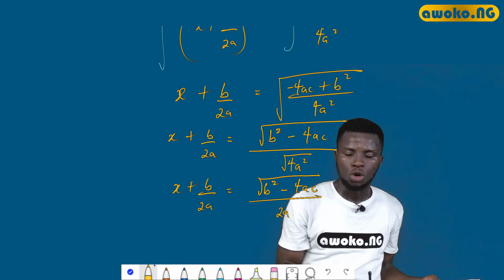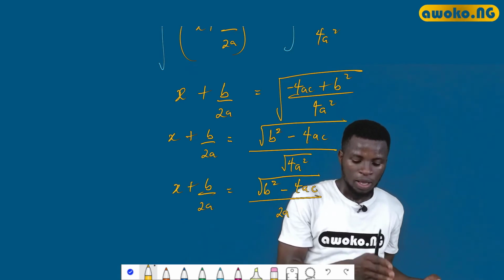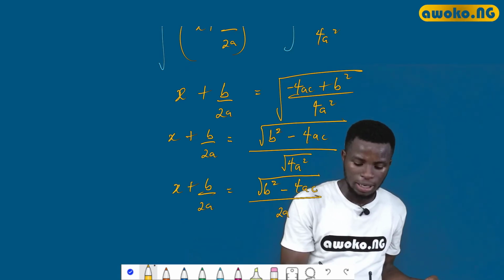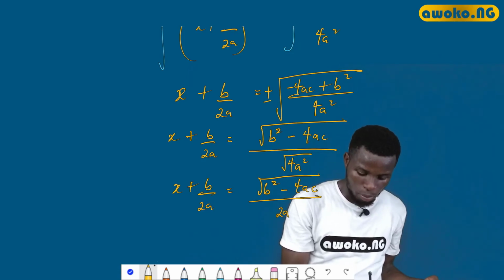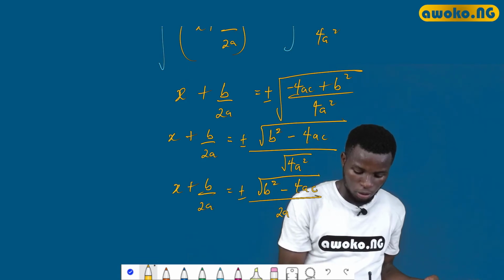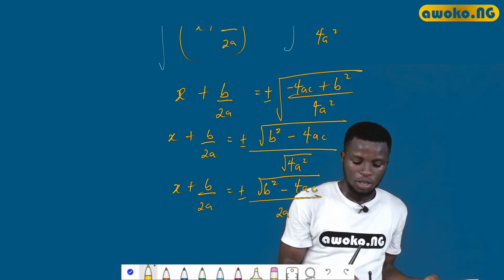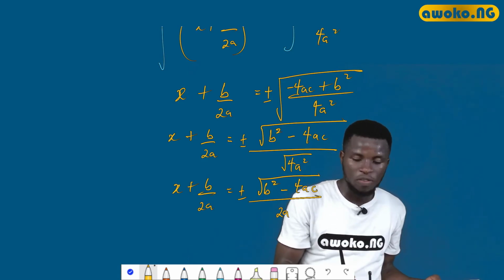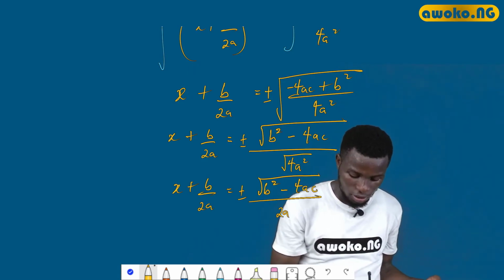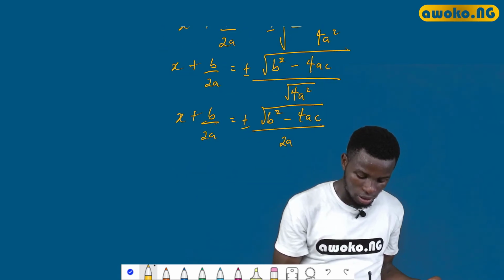I would like you to note that since the square root crosses to the other side, it becomes plus or minus. We also have plus or minus here. We want to make x stand alone, so we have to bring b over 2a to the other side. Very easy.